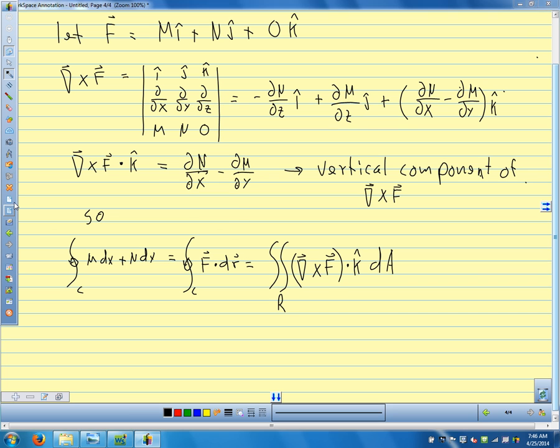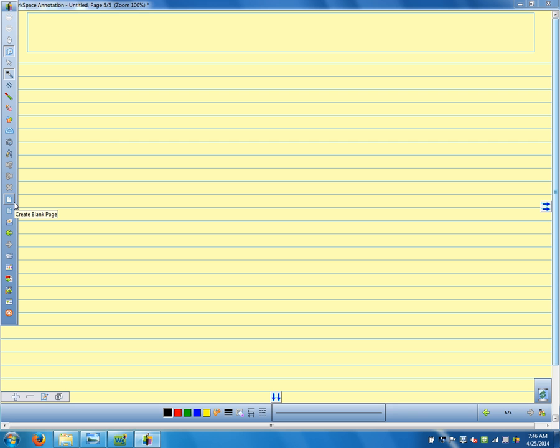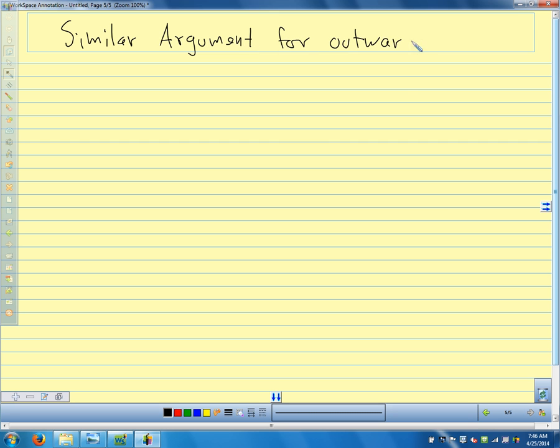All right, so we want to do the same thing for the outward component of f. We want to talk about the component of the field that's pointing out, normal to the curve in the plane.